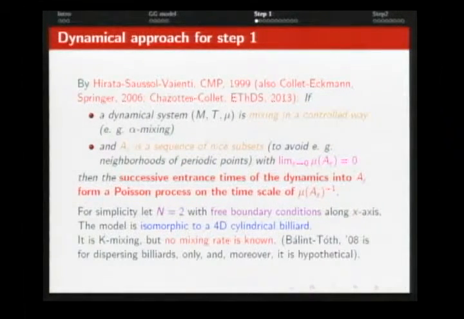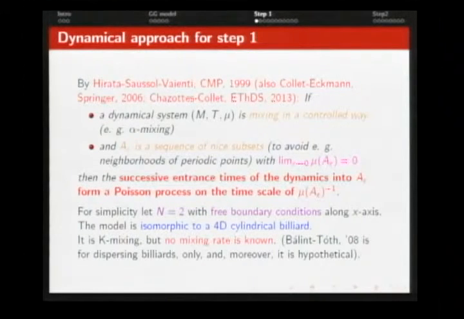Now, a cylindrical billiard is, of course, a semi-dispersing billiard. Now, as I mentioned, in this upper philosophical, I would say, results of Hirata and so on, the mixing rate ought to be known. But for four-dimensional billiards, no mixing rate is known.